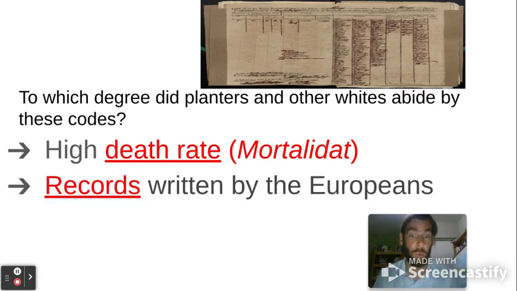Most records were written by the Europeans, and most records show that the slaves were treated according to the law. So the planters, or the shons, as we call them in the former Dutch Caribbean, must have had the idea that in either case, they should pretend to listen to the slave laws.